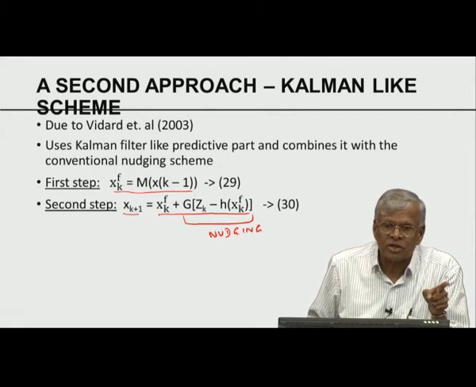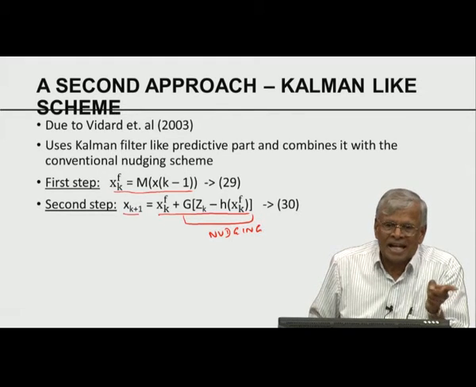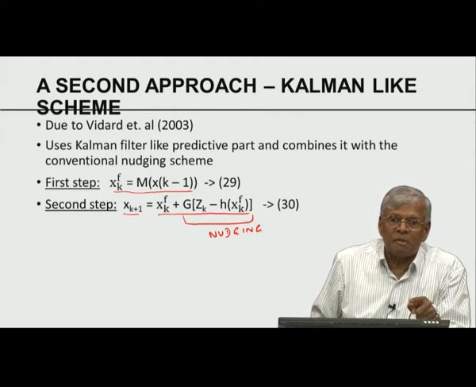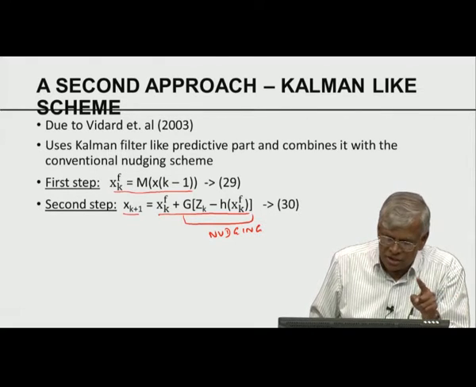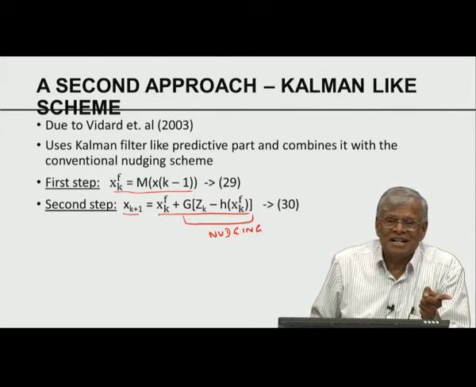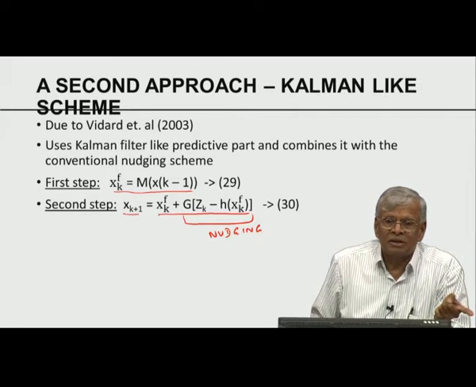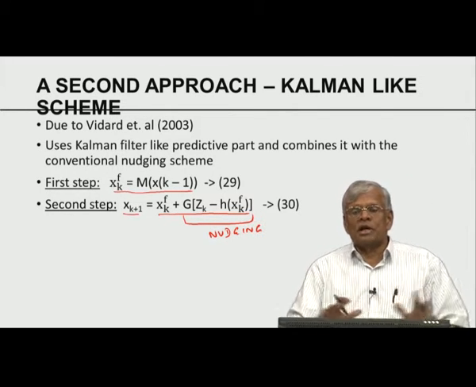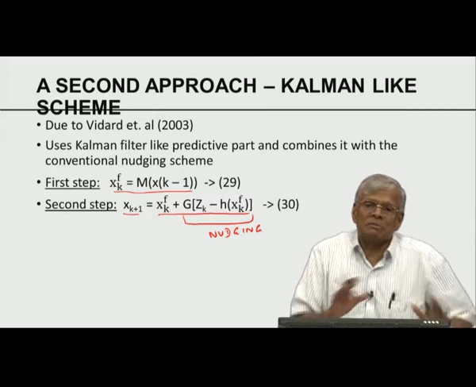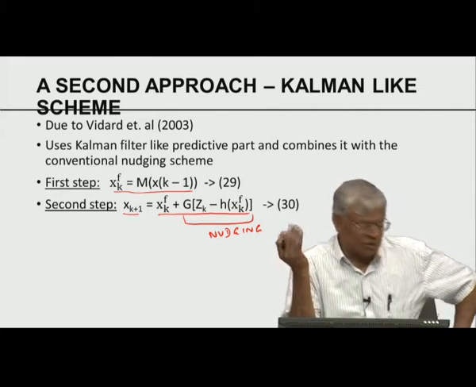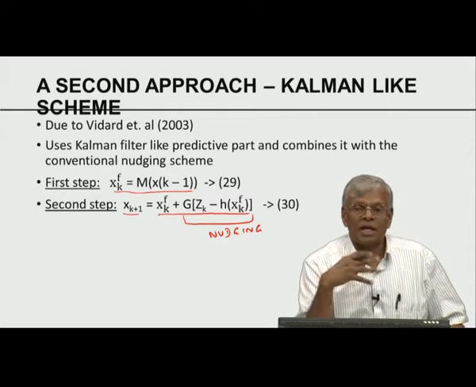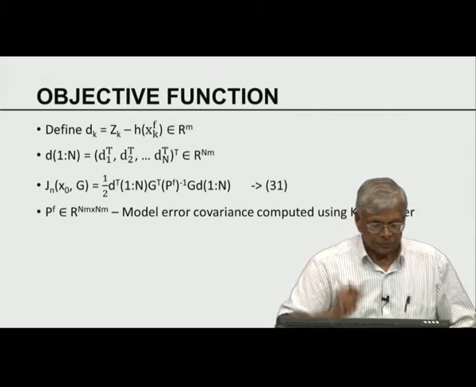So you make a forecast and then you create an analysis. The forecast comes from the model, the analysis comes from the nudging. The nudging uses a G that plays the role of a Kalman filter gain, and they would like to be able to determine G using methods similar to the arguments in Kalman filter. You can see how the hybridization comes into play. So that is what I am going to quickly describe.